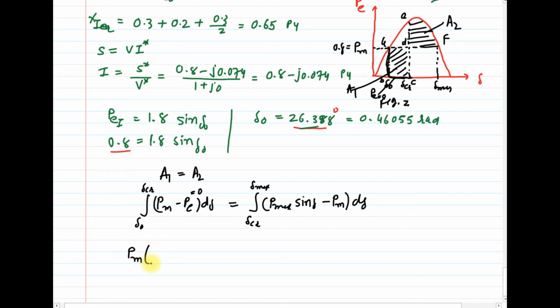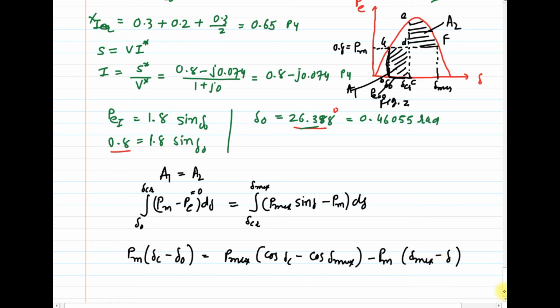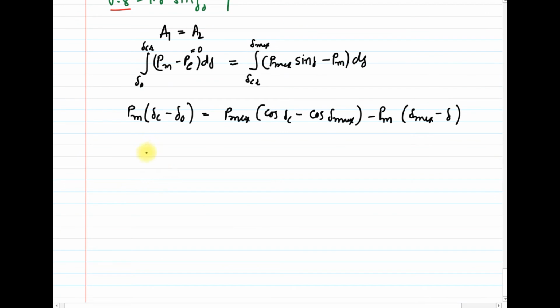We will get PM into delta C minus delta 0, which is equal to Pmax into bracket cos delta C minus cos delta max. Yes, we substitute the limit in the integration, minus PM, not cos, it is delta max minus delta. Clear?